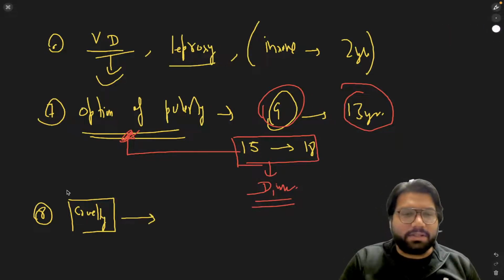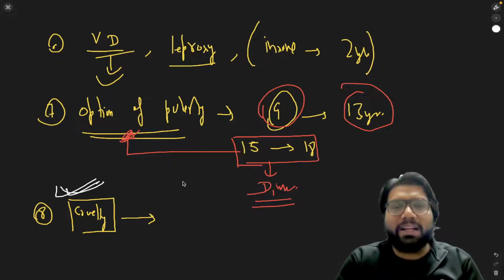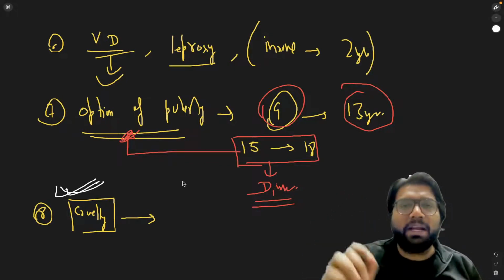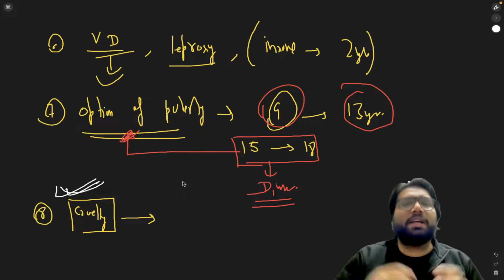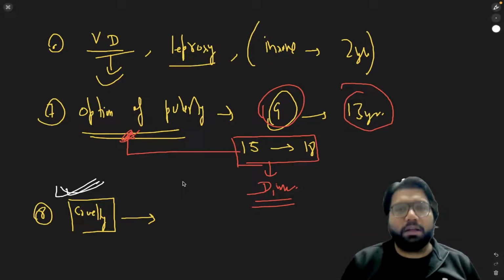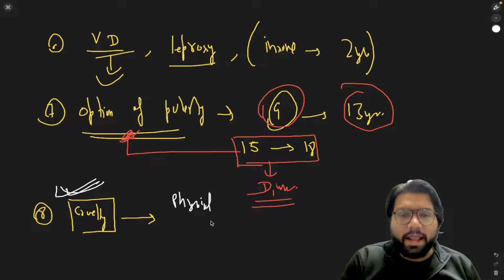Now I want to explain this concept of cruelty. And this concept has a history, students. History in the sense, when we say cruelty, the first thing that comes to our mind is physical beating. But now, cruelty means physical and mental.